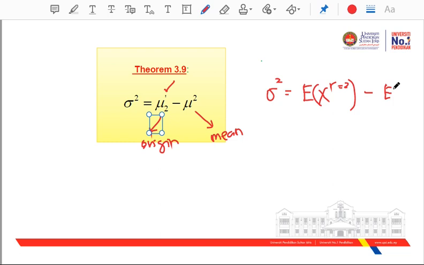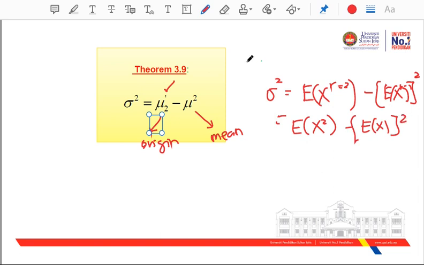Mu square means E[X] with r equal to 1, squared, which can also be written as E[X^2] minus mean square. So this theorem will just show you how this moment relates to the concept of expectation and variance. So this is actually the formula of variance when you relate moment about the origin and moment about the mean.